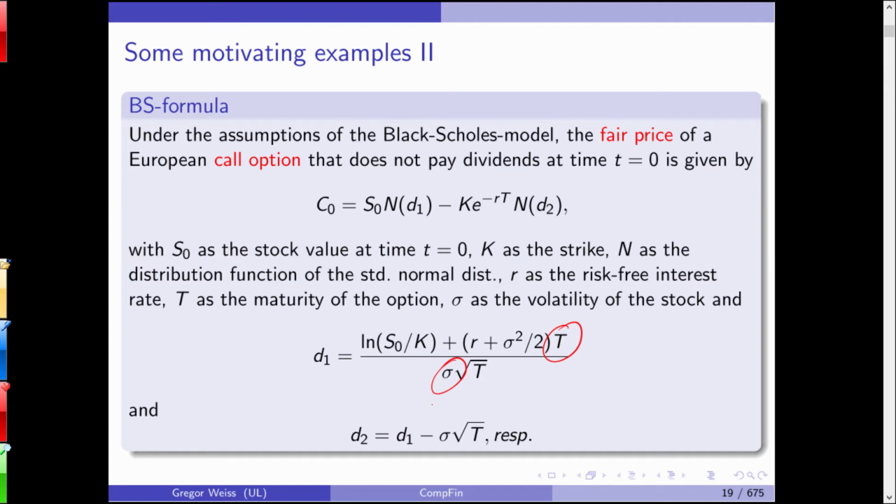And you can see what influences an option price: the maturity, the risk-free rate, the current stock price, of course, but also the volatility of the stock price. And these are the main input parameters for the Black-Scholes-Merton model. Okay. So this should be the price of an option. Then the question is, how can we calculate this?